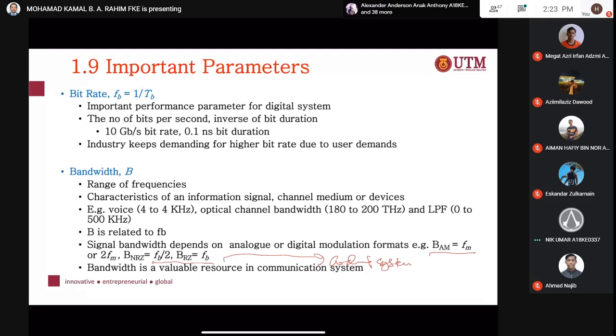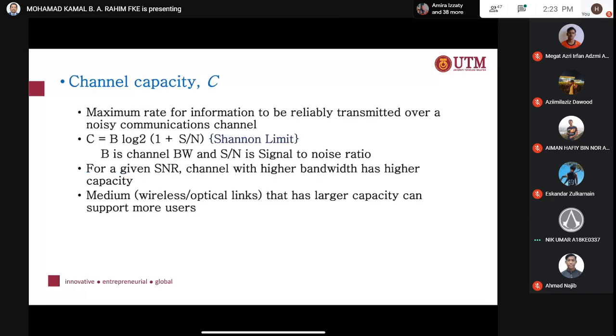Bandwidth is a valuable resource in a communication system. Of course, you have the channel capacity, which depends on your information. We can calculate it using the Shannon limit, where the channel capacity is C = B log2(1 + S/N). The log base 2 means the 2 goes at the bottom, not at the top. S over N is your signal to noise ratio, and B is the channel bandwidth.